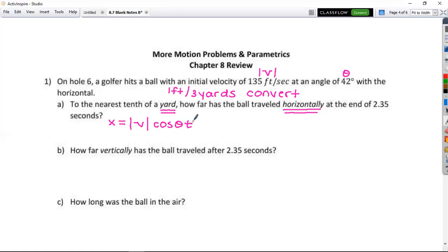All right, so your velocity in this case, if we convert it, we're going to just divide it by 3. So I have x would be equal to 135 over 3, and we're going to go cosine of your angle, which was equivalent to 42 degrees, and your value of time, which was 2.35.